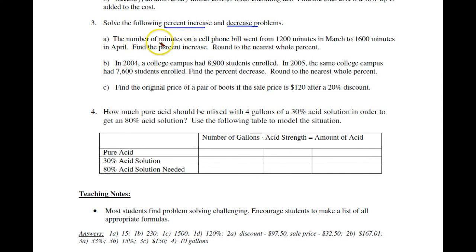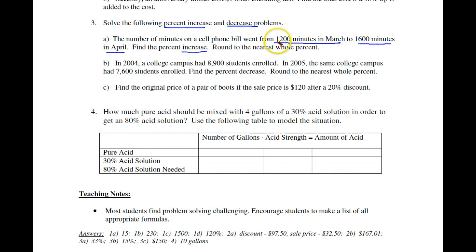So here, the number of minutes on a cell phone bill went from this much originally to this much the next month. Find the percent of increase, because the numbers went up. Well, the rule is find out how much increase you had.